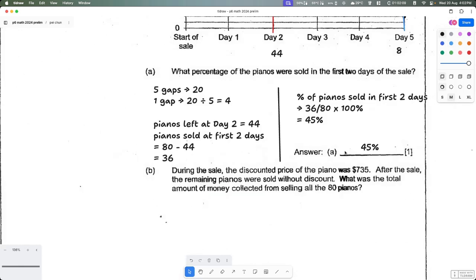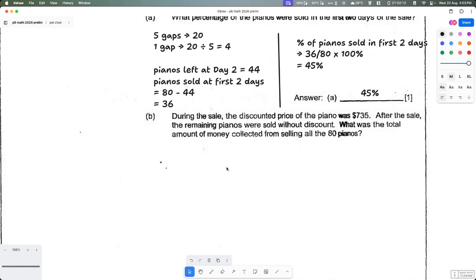At day 5, 8 pianos left. So that means we sold at discount 80 minus 8, which is equal to 72 pianos. The discounted price was $735.